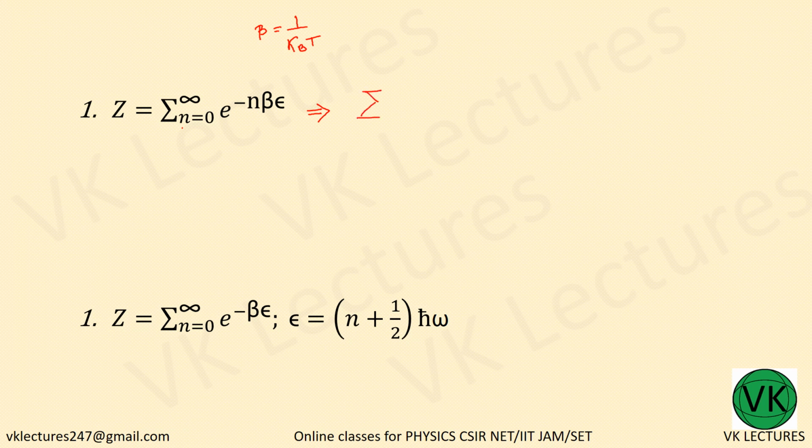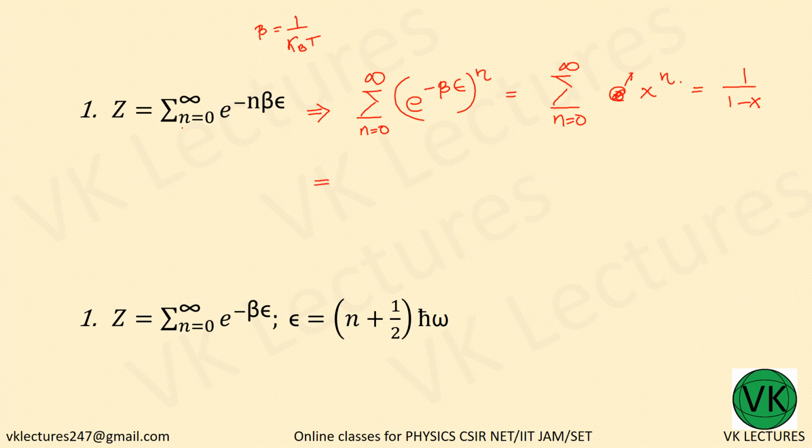I am just rearranging and writing it in a different way: sum over n equal to 0 to infinity of e to the power minus beta e whole to the power n. So this is similar to our previous example, sum over n equal to 0 to infinity x to the power n. What was the answer we got? 1 divided by 1 minus x.